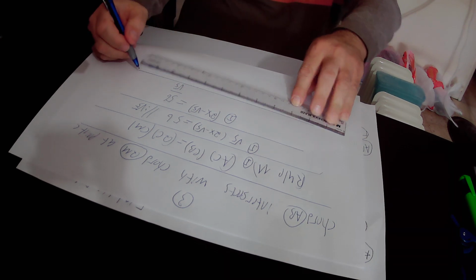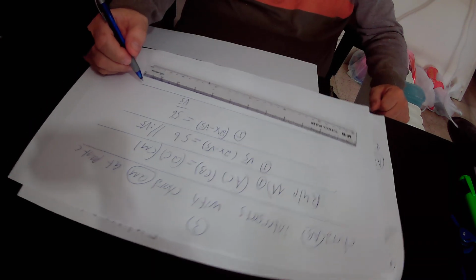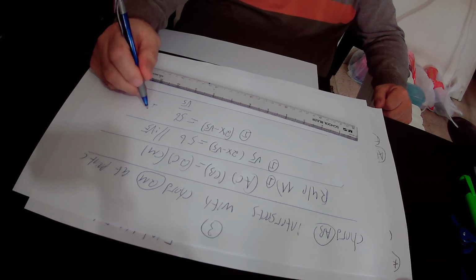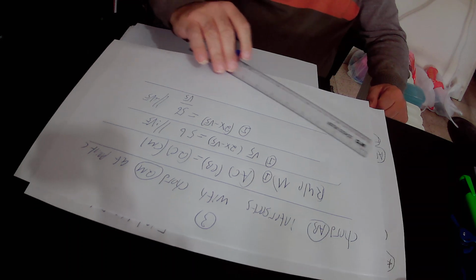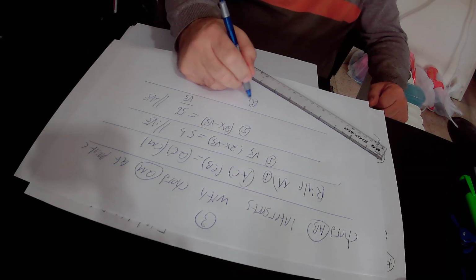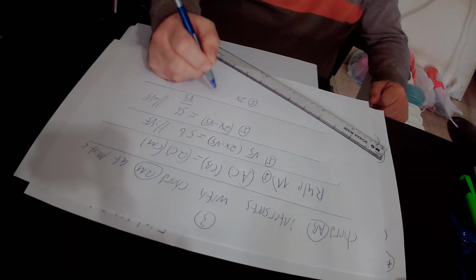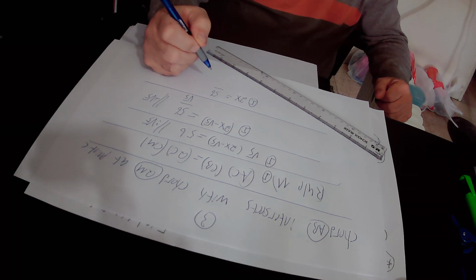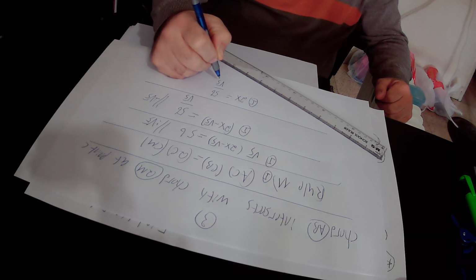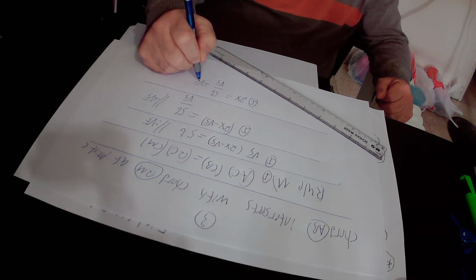Here we will add square root of 5 to this equation, and we get that 2x equals 5b over square root of 5 plus square root of 5.